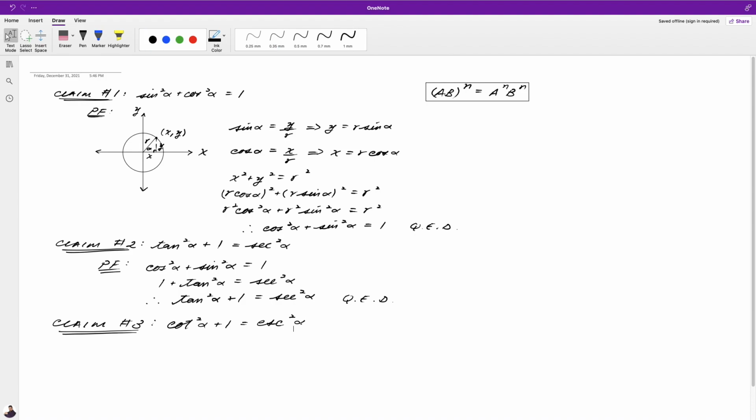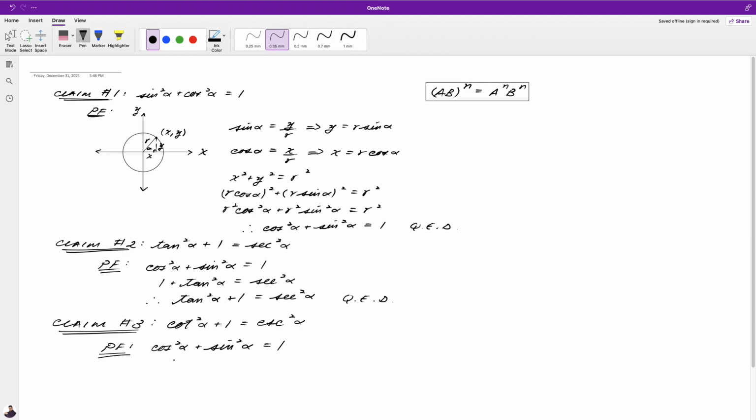Well, again, for our proof, let's just take our original statement of cosine squared alpha plus sine squared alpha is equal to 1. Let's divide both sides this time by sine squared of alpha. Here we divided both sides by cosine squared of alpha, and it worked. Let's now divide both sides by the sine squared of alpha.